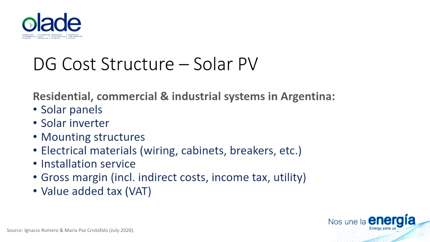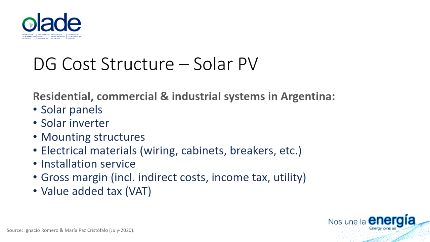The installation service, which is very local in nature in this case, because these are small systems. In comparison to utility scale, you won't see a lot of people traveling around for installing 10 kilowatt systems. Mostly it's local job creation.